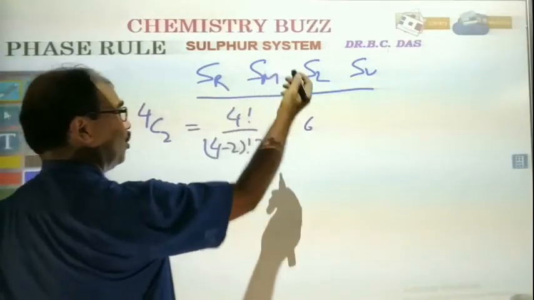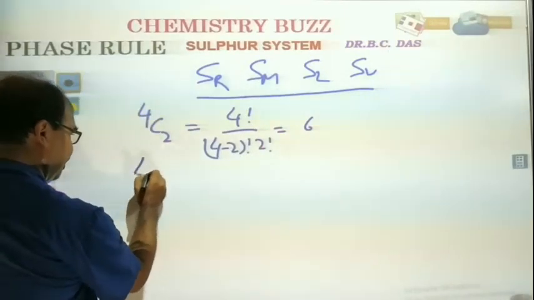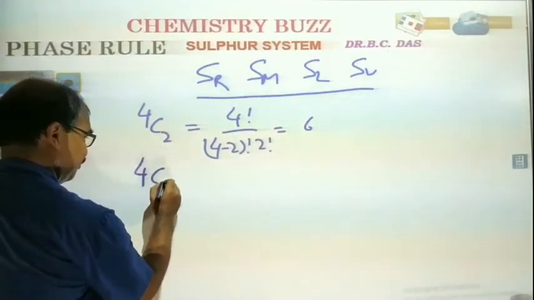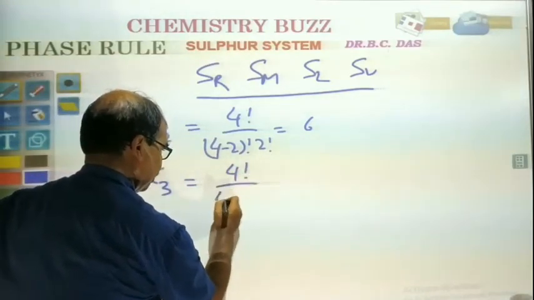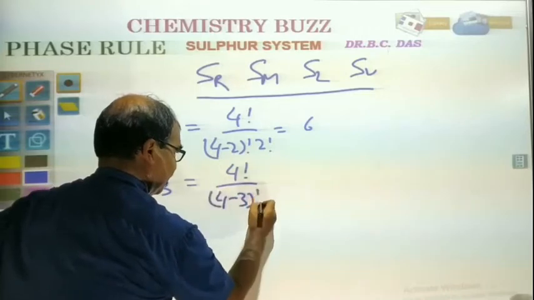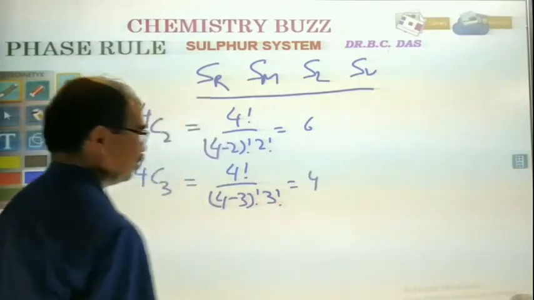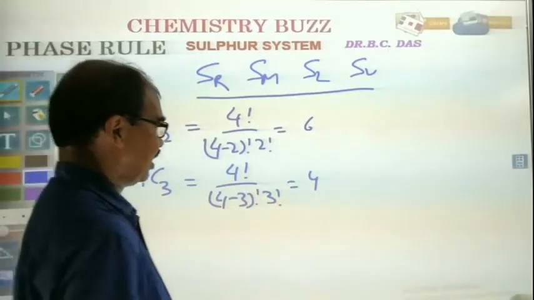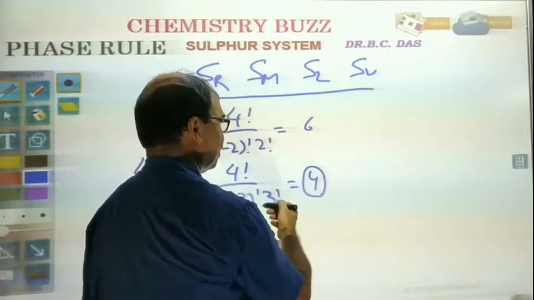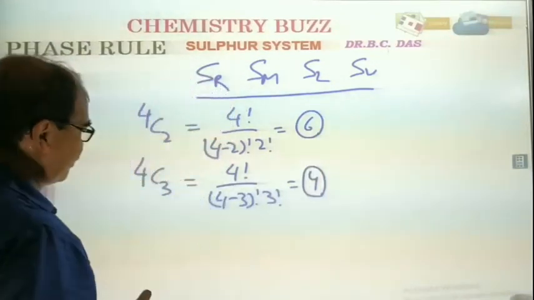Again, how many 3-phase equilibriums are there? 4C3 is equal to 4 factorial by (4 minus 3) factorial into 3 factorial, which is equal to 4. So maximum 3 phases can coexist at 4 different points, and 2-phase equilibrium at 6 different curves or lines.